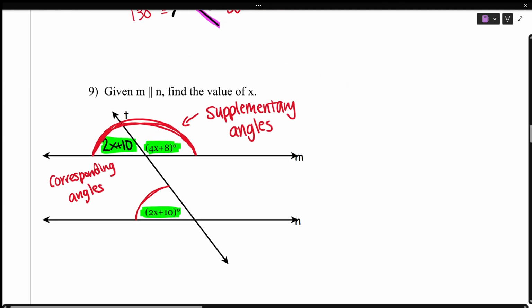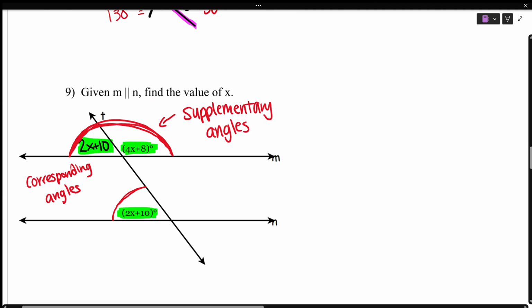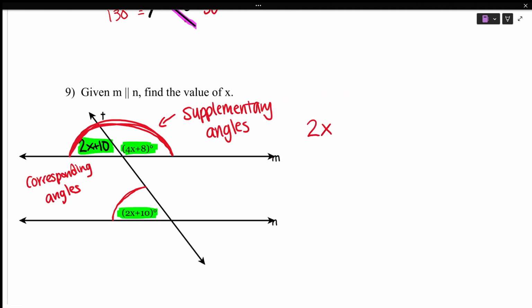I'm actually going to ask you to try this on your own. It's just a setup that's difficult, but now that I set it up for you, solve for x. Go ahead, try to solve this out. x is equal to something. All right, what is it equal to?